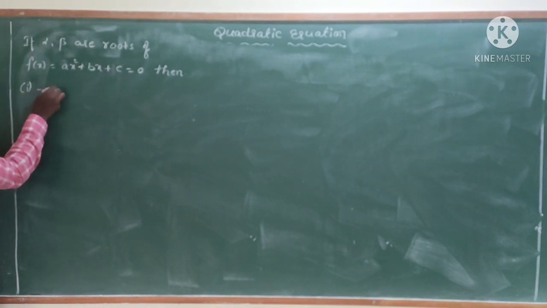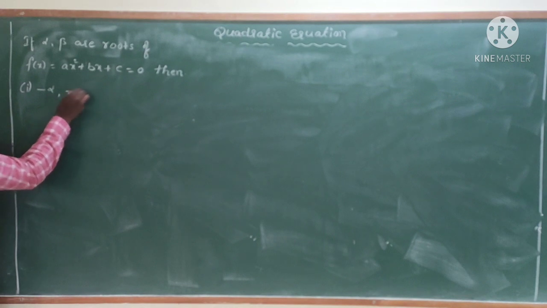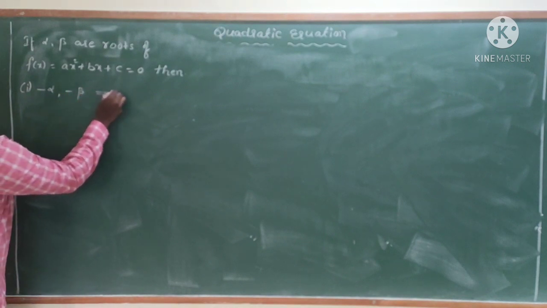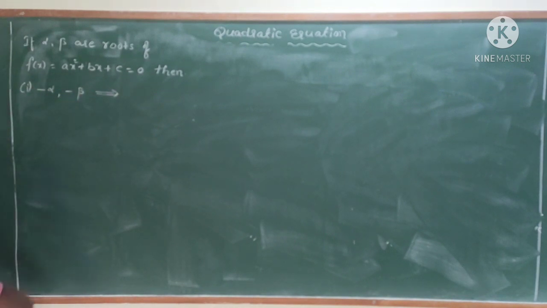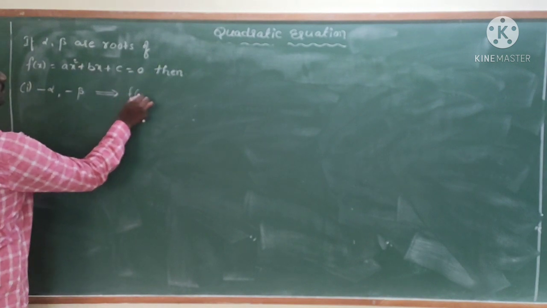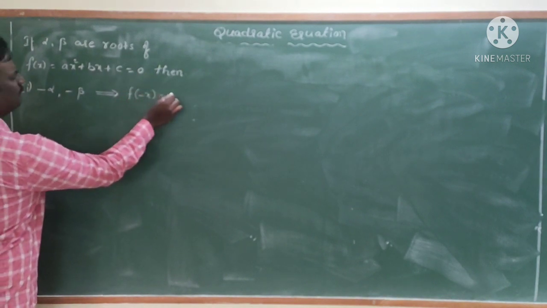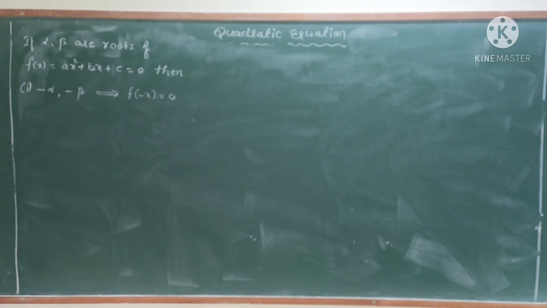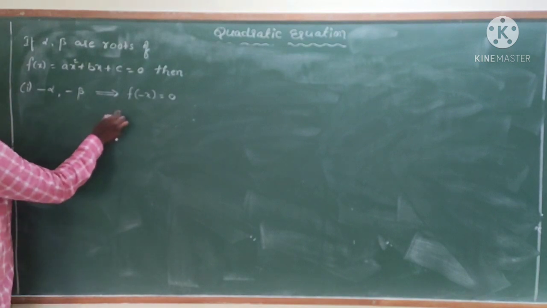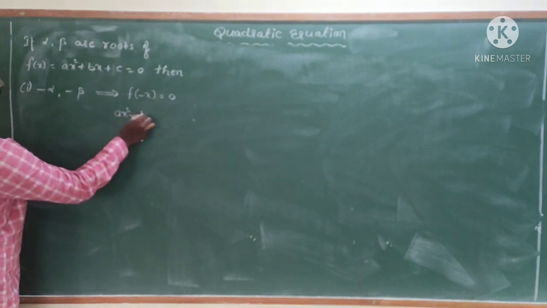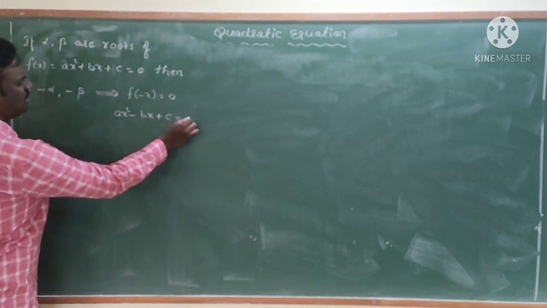If the roots are minus alpha and minus beta, then how to find the equation? Simple. In place of x, we can substitute minus x. That is nothing but ax square minus bx plus c equals 0.